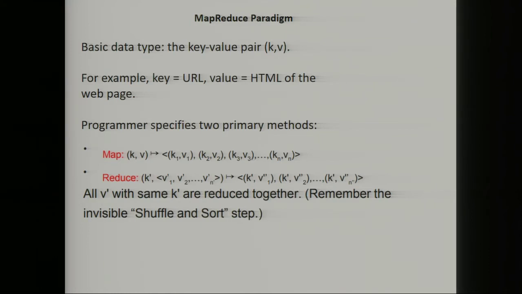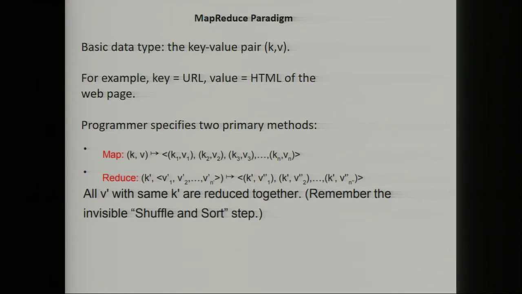The programmer specifies two primary methods, map and reduce. Map takes K and V, and reduce also takes K and V, but with a slight change: we have a set of pairs, K1, V1, K2, V2 up to Kn, Vn.